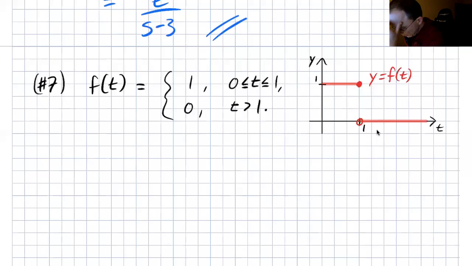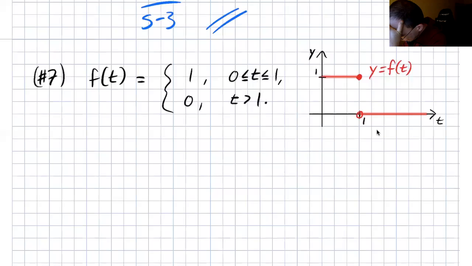So let's look at this. We were talking about looking at the Laplace transform of a function that has a discontinuity like this. So what is the Laplace transform using the definition? It's the integral from 0 to infinity of e to the minus st times the function.